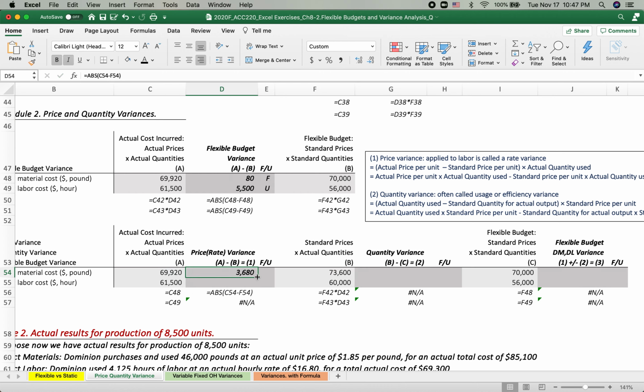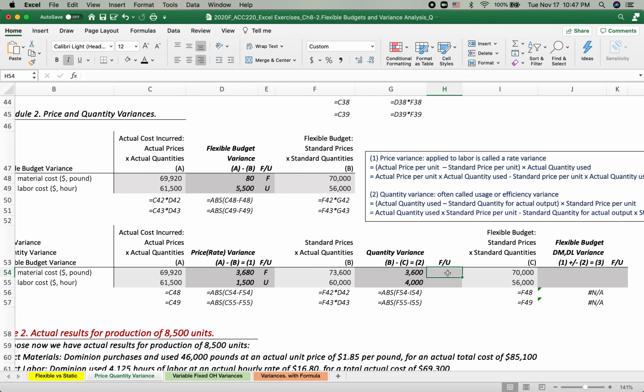Then got it. So I'm going to just copy and paste this so that we can easily calculate. So is that unfavorable or favorable? Right, this is favorable because the actual cost and actual quantity is lower than the budgeted part. So it's favorable and this is unfavorable.